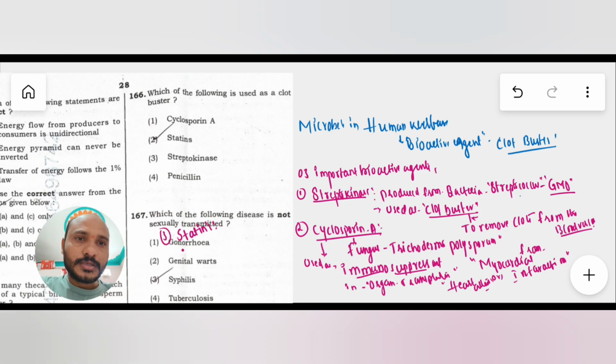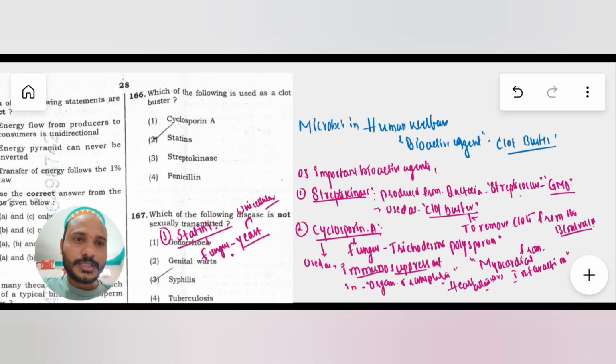Statins are also very important bioactive agents produced from microbes. Which microbes? Very important, it is also a fungus, especially yeast. Do you know yeast is a unicellular fungus? Generally fungi are multicellular, but yeast is the only fungus that is unicellular in nature.